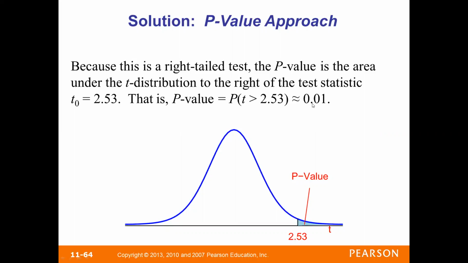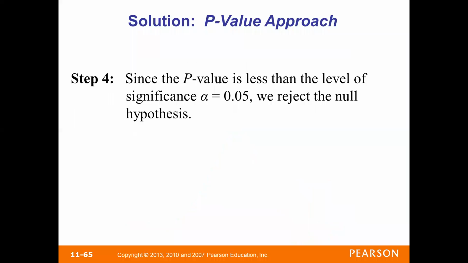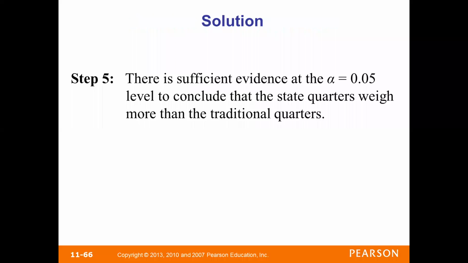It's much closer to the 0.01 than it is the 0.025 because 2.53 is closer to the t-value we would have at 0.01. Either way, the p-value is much less than 0.05, so we will reject the null hypothesis. So there is sufficient evidence to conclude that state quarters weigh more than traditional quarters.